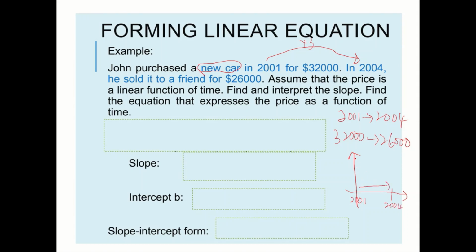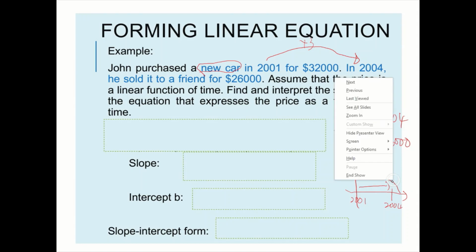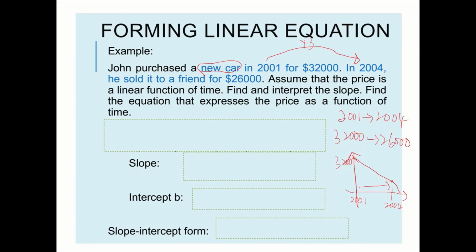So when it's 2001, let's say the price here is 32,000, and in 2004 the price is here, 26,000. We are going to form a linear equation using the information we have here.